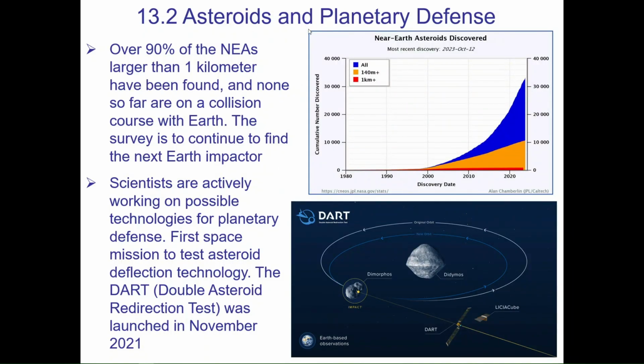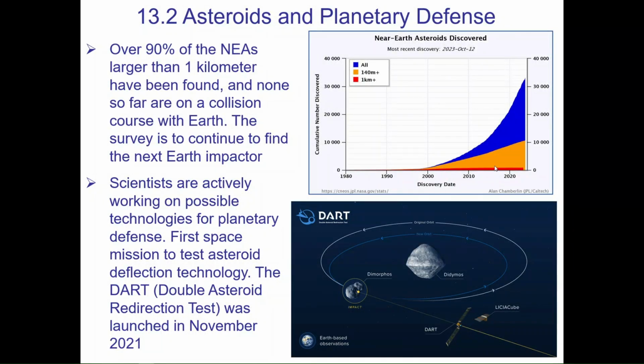And you can see this is the most recent graph showing how many near-Earth asteroids have been discovered. You can see most of them are very, very small ones. There are over 13,000 near-Earth asteroids discovered. We're especially worried about the large ones, but fortunately we have almost discovered all of them.